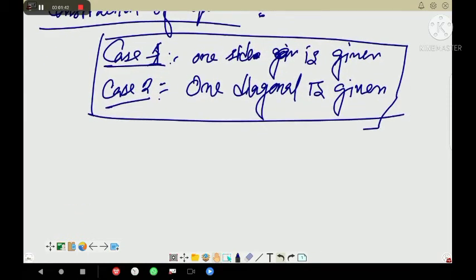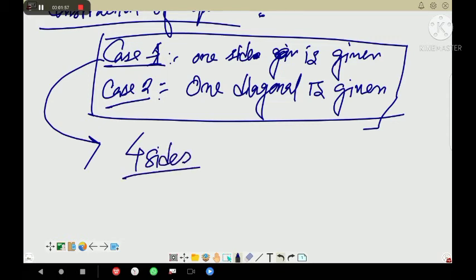If we think deeply, in a square all sides are equal. One side given means all 4 sides are given, since in a square all sides are equal.